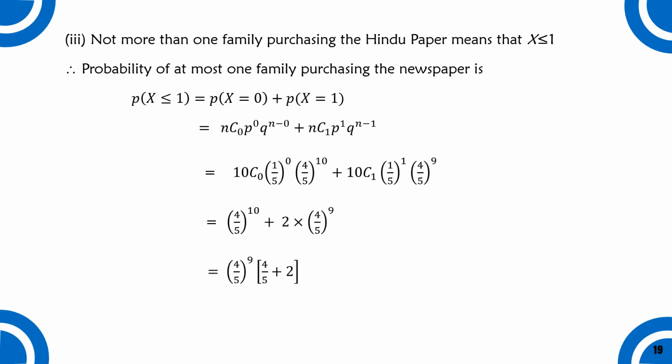Equal to (4 by 5) power 9 within the bracket 4 by 5 plus 2. After simplifying we get (4 by 5) power 9 into 14 divided by 5.